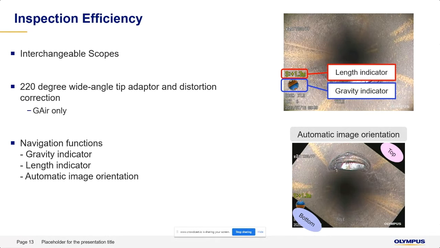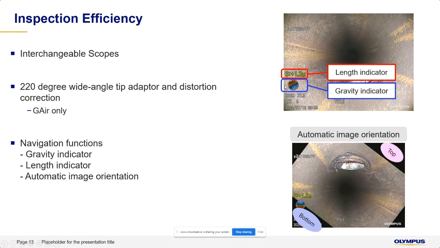This is very similar, where you can see what's called the horizon, the line in the circle, and then the blue section represents the sky, and the brown section represents the ground. So this gives you a good indication as to the orientation of the tip adapter relative to the horizon. Also, if you see all blue, that means the tip is pointed up. All brown means that it's pointed down.